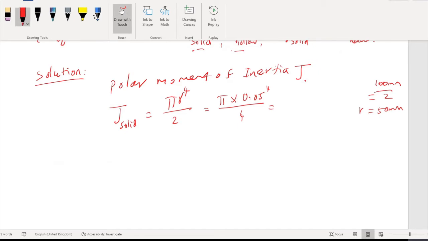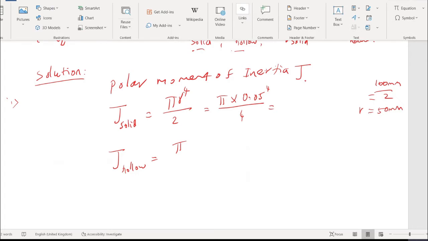Let's find out the value for the hollow. J hollow will differ. This is a solid member of radius 50 mm, right? I don't know the drawing tools.